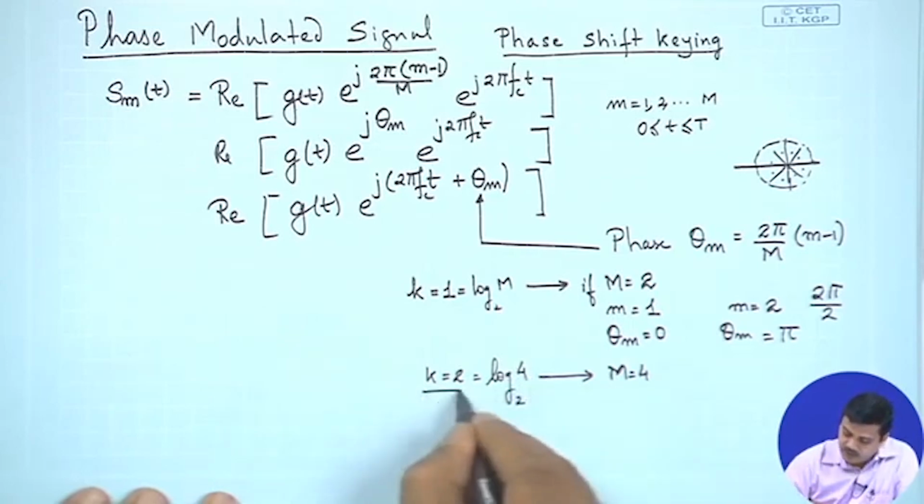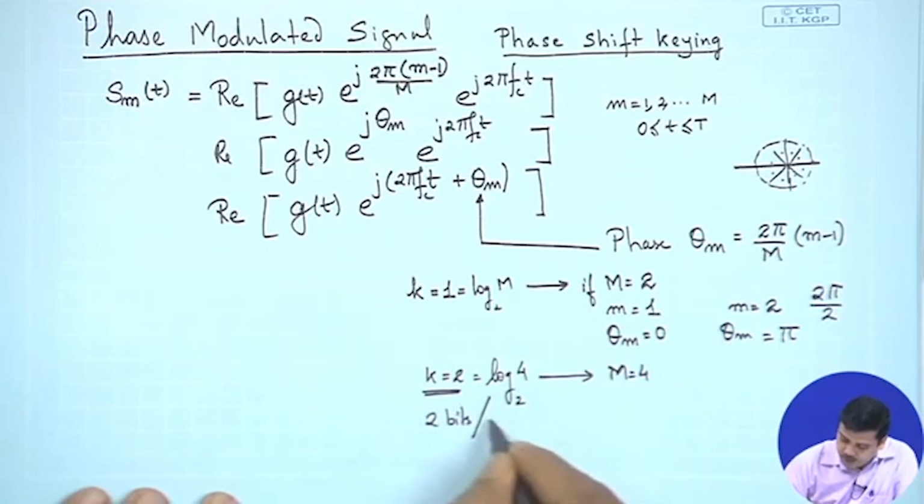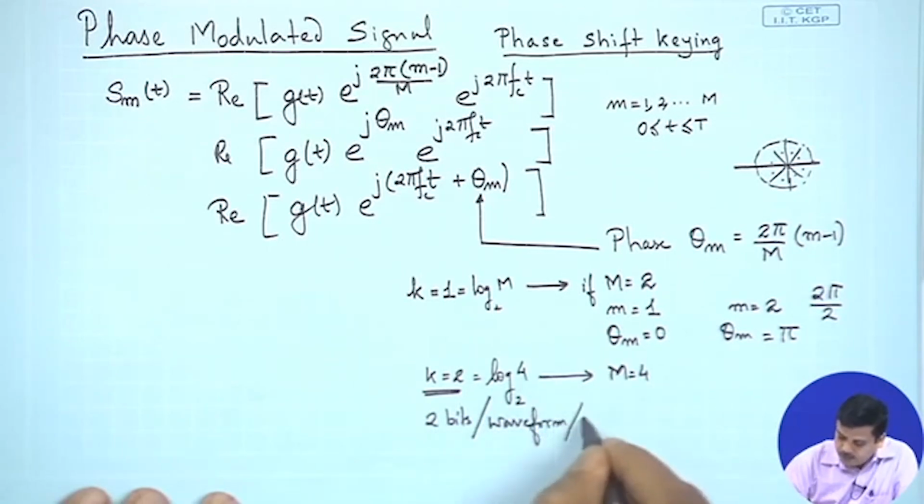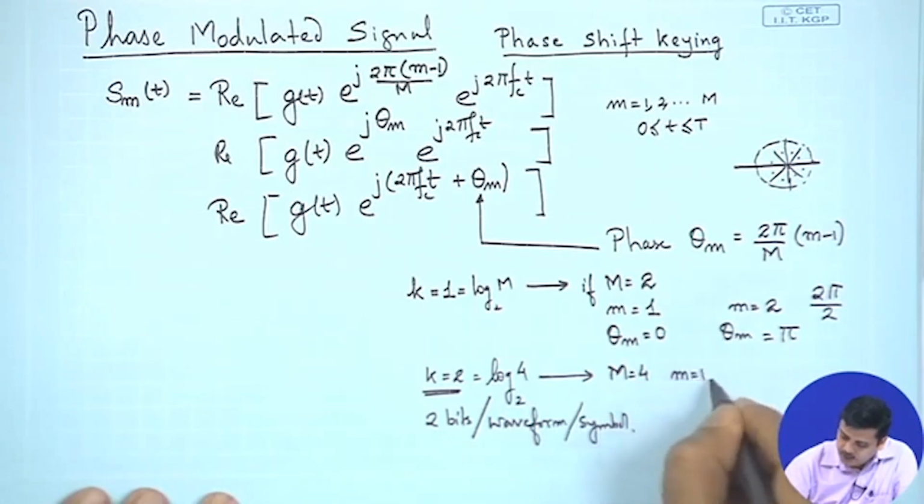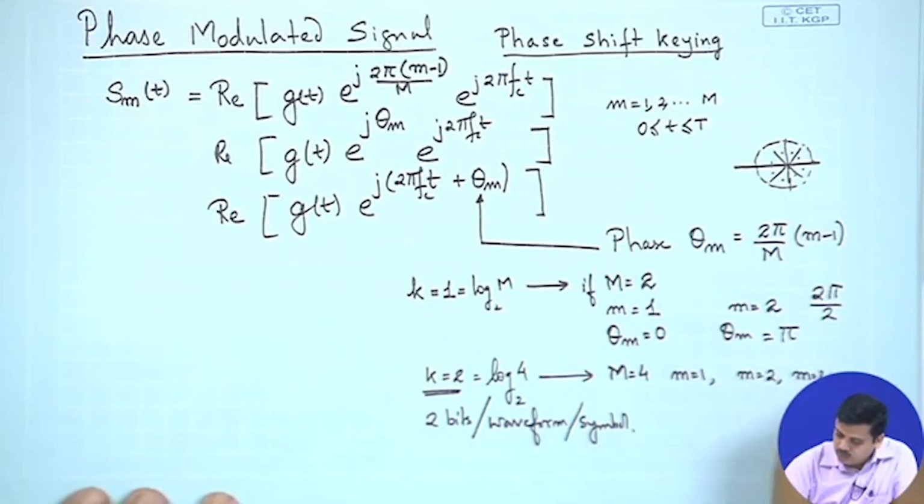So, that means k equals 2 implies you have 2 bits per waveform or per symbol. So, clearly you can write down m equals 1, m equals 2, m equals 3 and m equals 4.